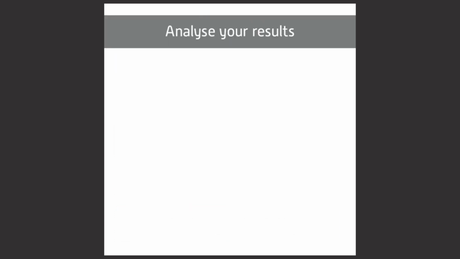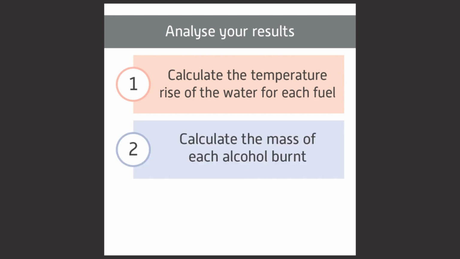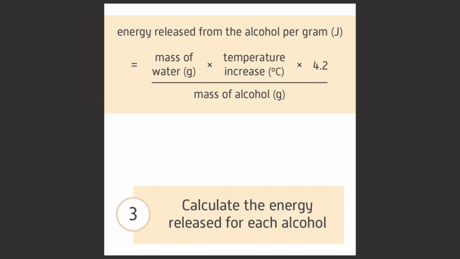To analyse your results, you carry out these steps. 1. Calculate the temperature rise of the water for each fuel. 2. Calculate the mass of each alcohol burnt. 3. Calculate the energy released for each alcohol using the following equation.